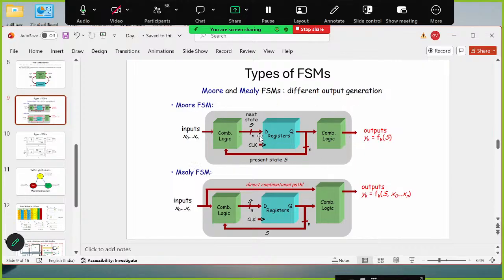To identify the input to these flip-flops, I need to use the combination of present and next state and compare that combination with the transition table of the flip-flop which I am going to use. You can choose any flip-flop, whatever you want. It may be D, T, J, K, SR, any flip-flop you can choose.